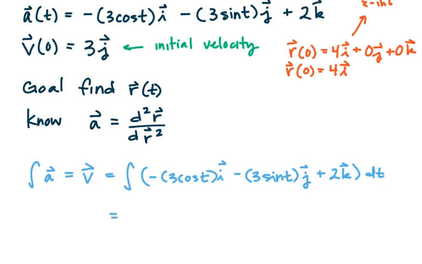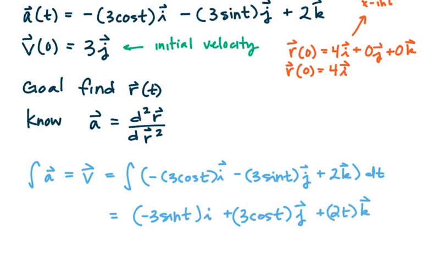The integral of negative 3 cosine t gives us negative 3 sine t i. The integral of negative 3 sine t is going to be 3 cosine t, so I've got plus 3 cosine t j. And then the integral of 2 is going to give me 2t k. Of course, we have plus some constant since this is an indefinite integral, c sub 1.